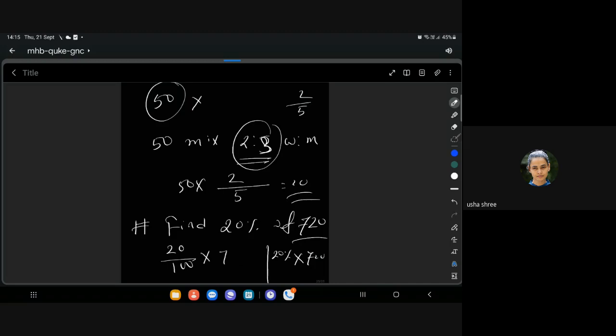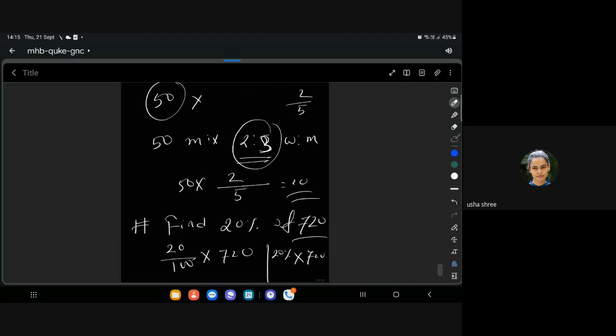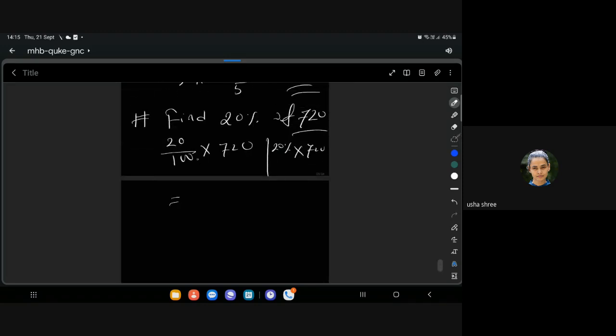So 20 by 100 into 720 is 144. It will give you, see, the zeros cancel, so 2 into 72, 144. Any issue? Any problem in this numerical?